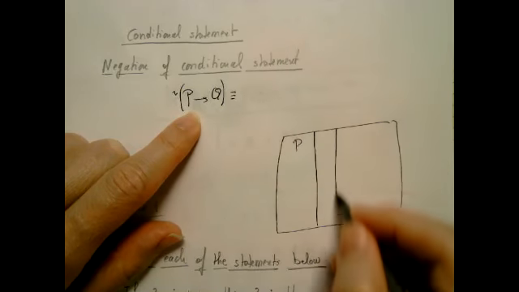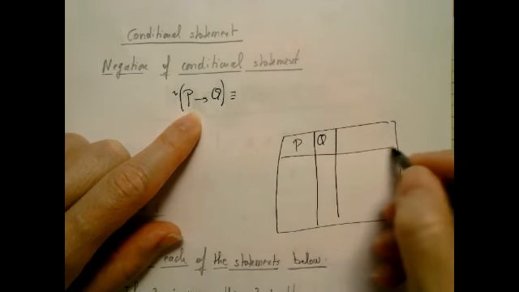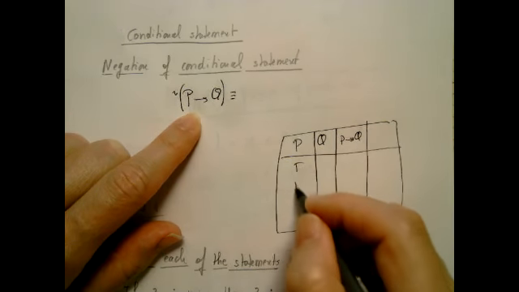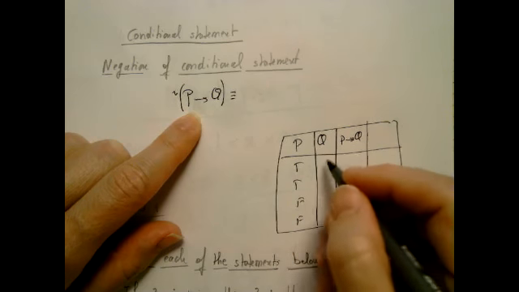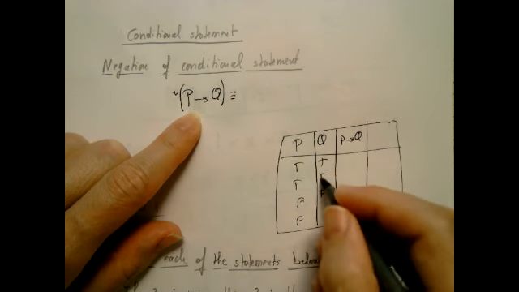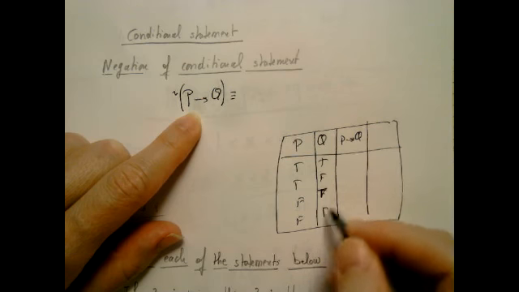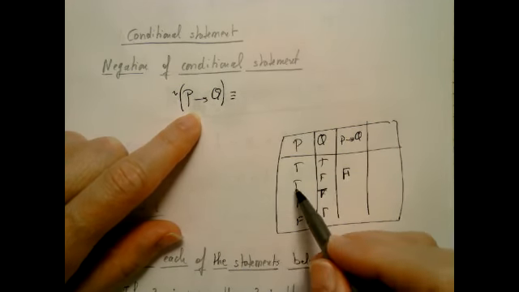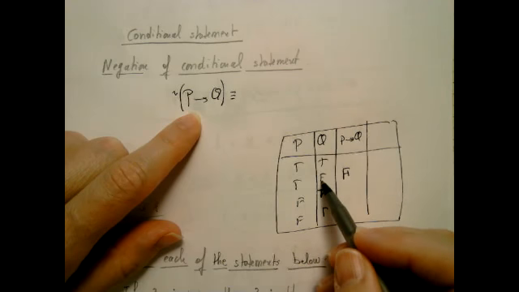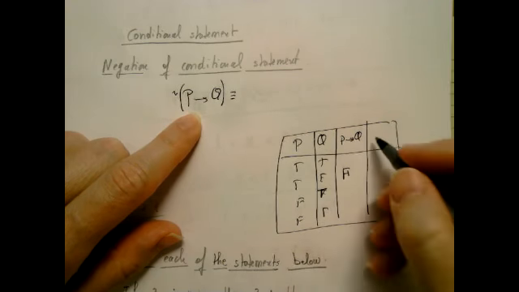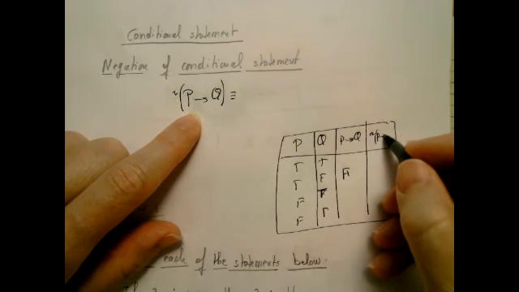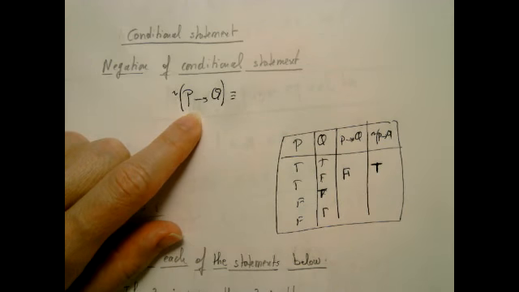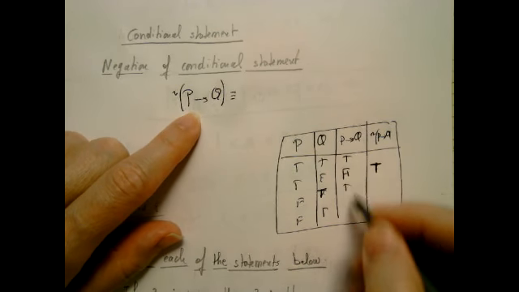So this is my P and my Q. One more time, if P then Q is true, false, true, true, false, true. So it's false right there. So if P then Q is false in one scenario, P true and Q false. So the negation should be true only in this case. And it should be false everywhere else.